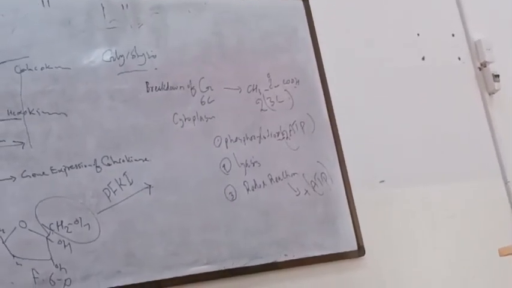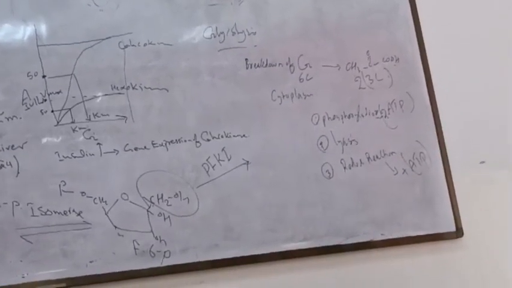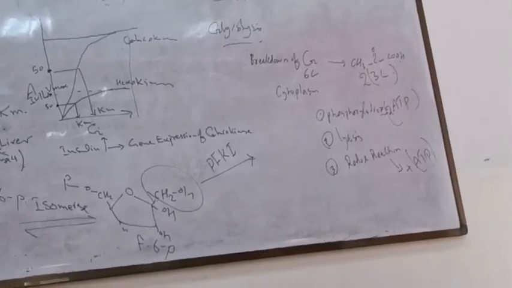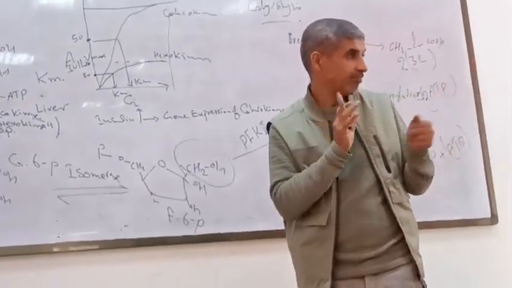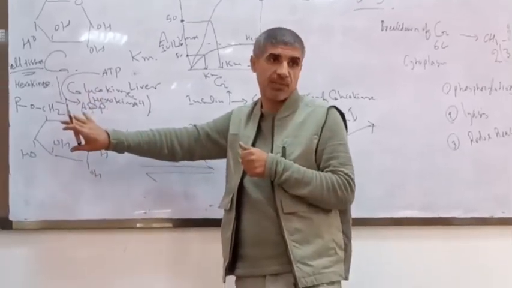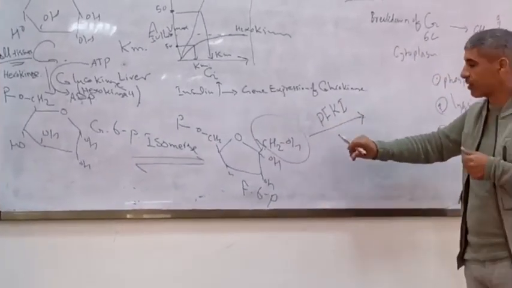In glycogen synthesis, we find glucokinase and hexokinase. In glycogenolysis, the breakdown of glycogen, and in synthesis of glucose, we find them all. So the first reaction is not specific for glycolysis, but this one is specific only to glycolysis.